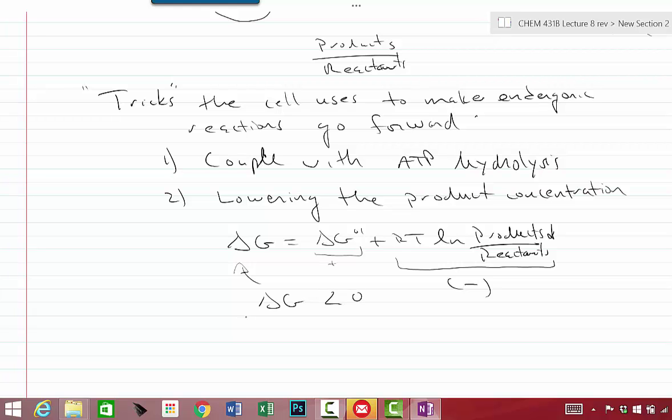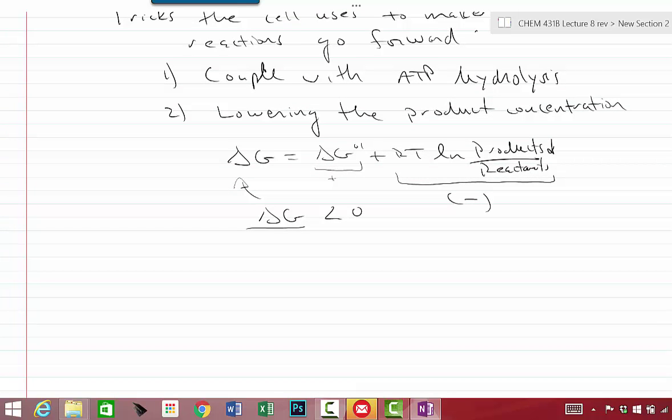And that's what we really care about, this overall delta G, because that is what's actually happening in the cell. So if we could lower the product concentration, we can make the reaction continue to go forward such that the metabolic pathway can continue to go forward.